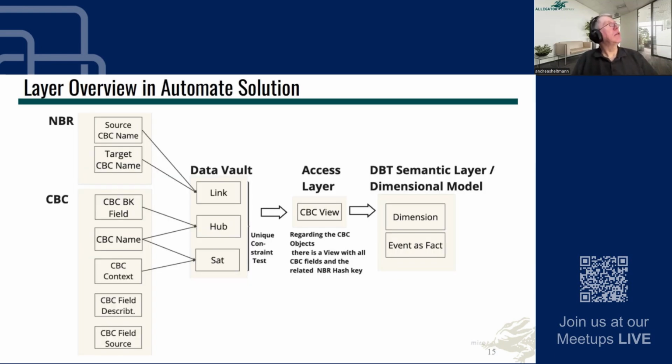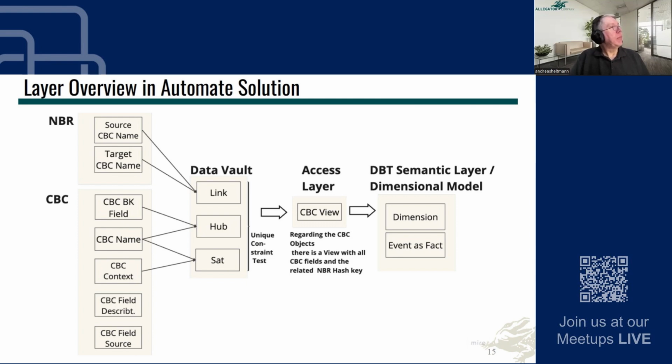Here is a more in-depth diagram of how the different parts are used. Here you see my CBC NBR construct with the NBR, there's a CBC source name and a CBC target name, which go into the name for the link.